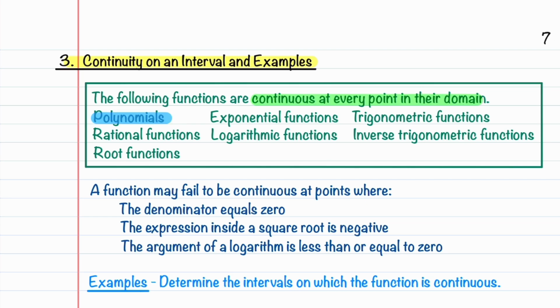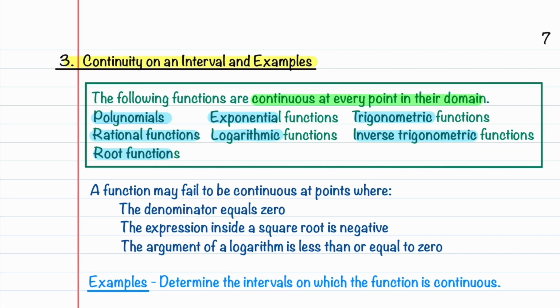These are polynomials, rational functions, root functions, exponential and logarithmic functions, as well as trigonometric and inverse trigonometric functions. All of those functions are continuous at every point in their domain. Our job then, when we see these functions and combinations of these functions, is to determine what the domain of these functions should be for them to be continuous.